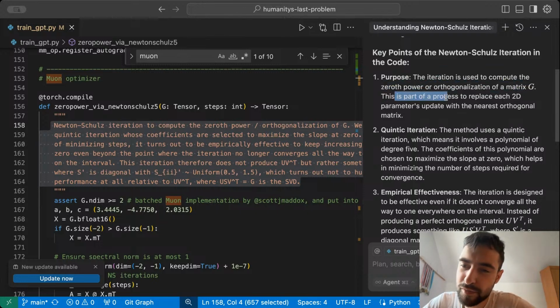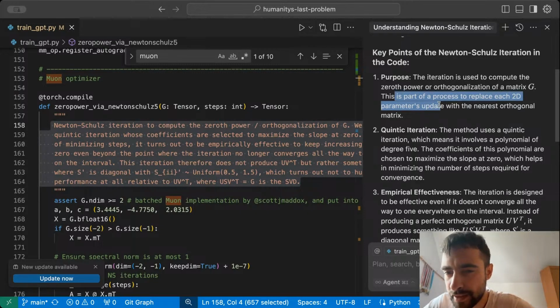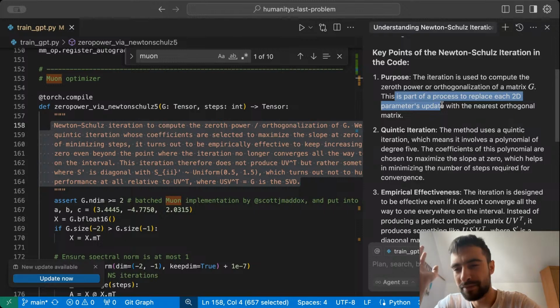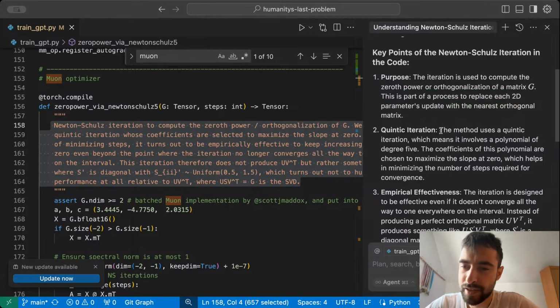This is part of the process to replace each 2D parameter update with the nearest orthogonal matrix. Quintic iteration. Okay, let me start asking.